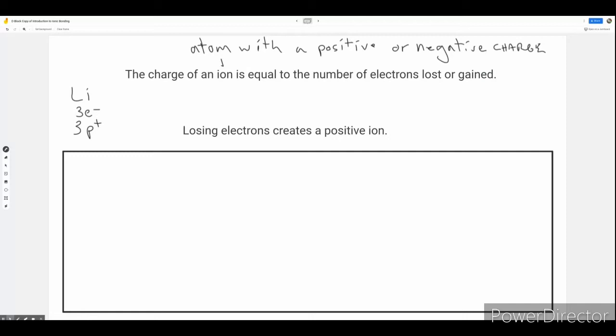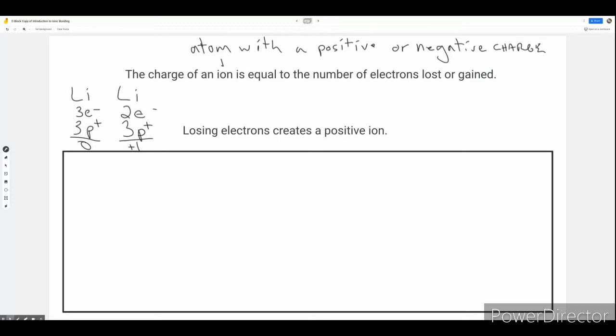But if lithium loses one of its electrons, it has 2 electrons left, but it still has 3 protons because those protons don't change ever. So it went from 3 and 3, which adds up to 0, no charge, to -2 and +3, and you end up with +1.